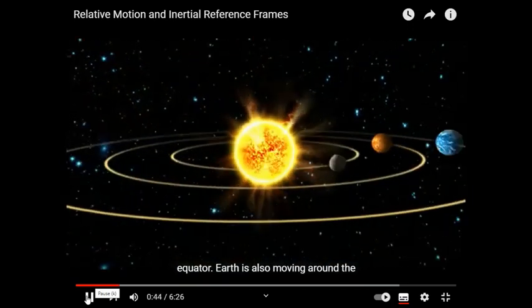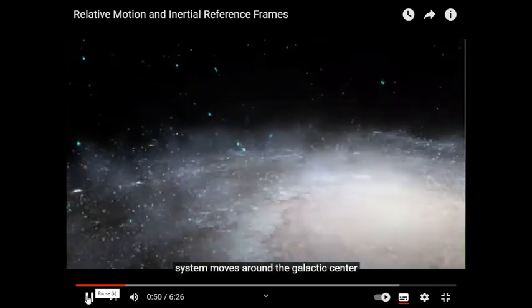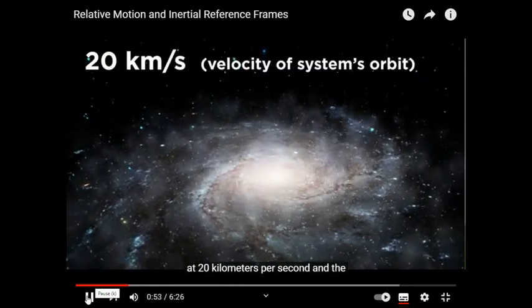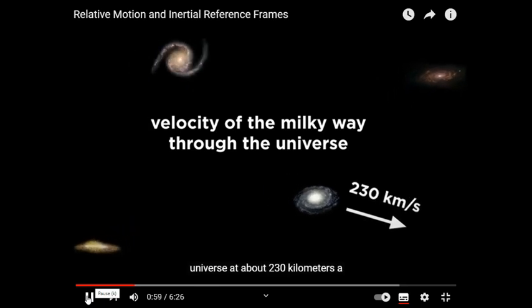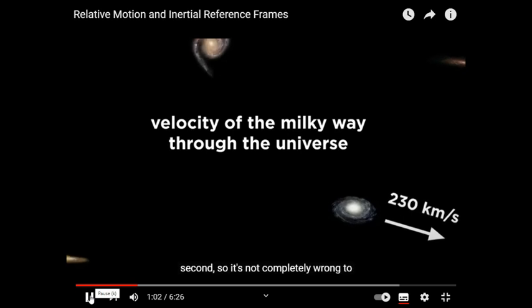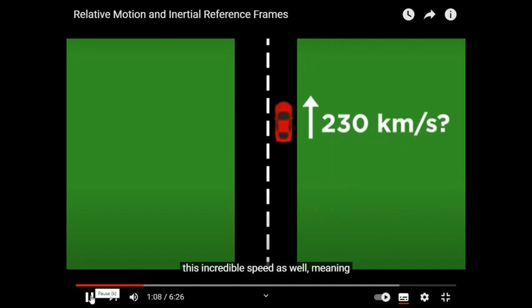Earth is also moving around the sun at around 30 kilometers per second. The entire solar system moves around the galactic center at 220 kilometers per second. And the Milky Way galaxy is moving through the universe at about 230 kilometers a second. So it's not completely wrong to say that the car is actually moving with this incredible speed as well.